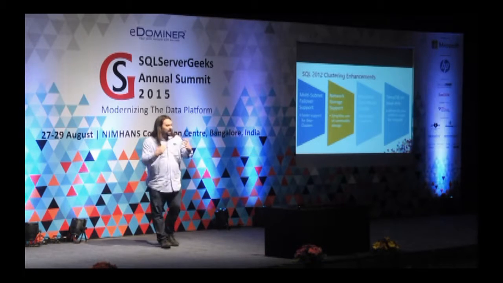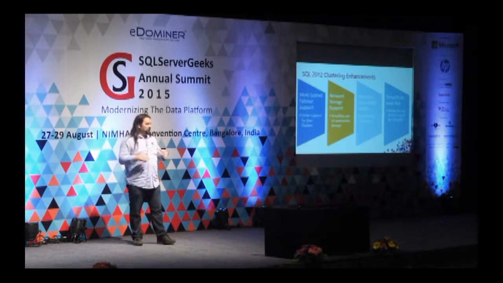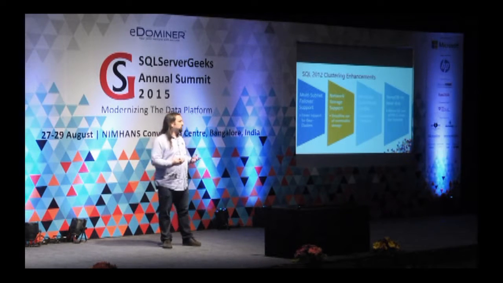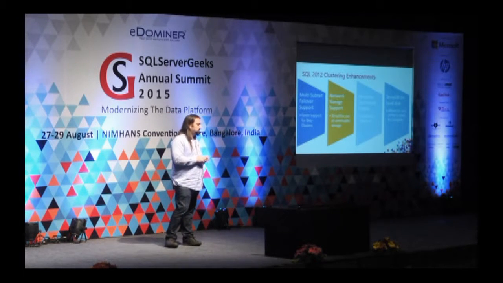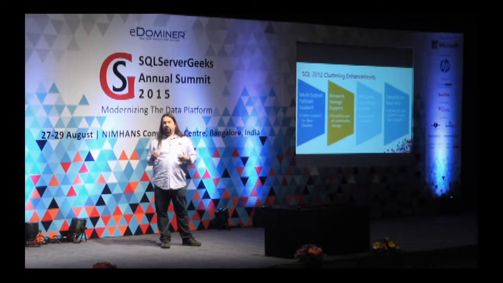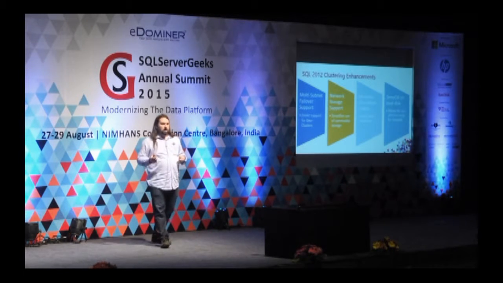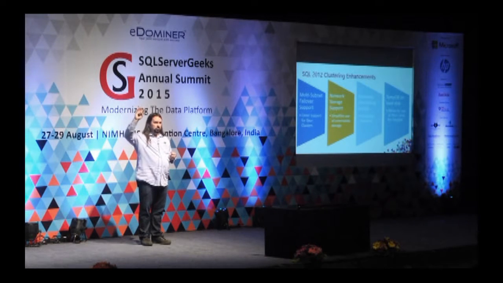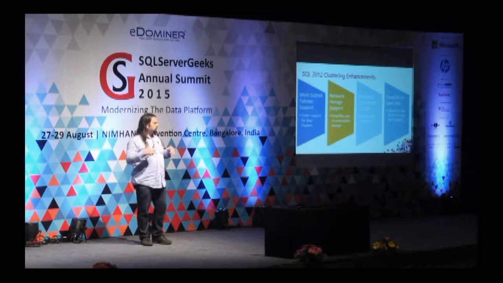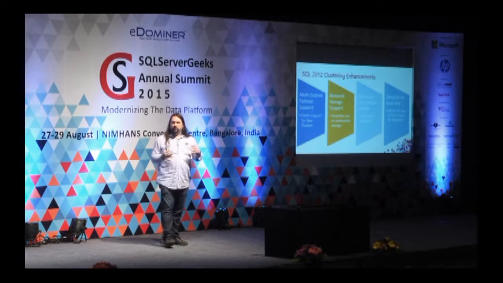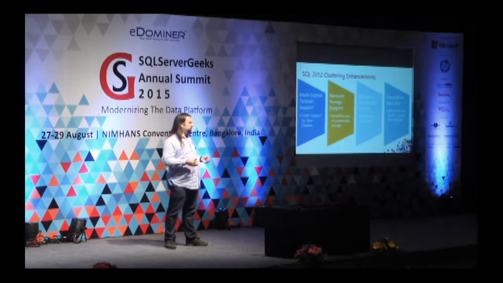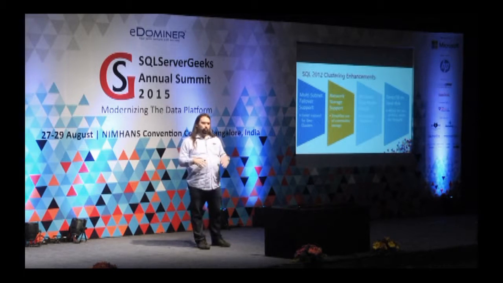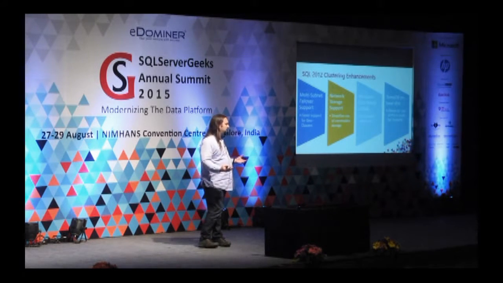So, in SQL Server 2012, we added some new enhancements for failover clustering. We got a lot of really cool features for clustering in 2012. The first one is multi-subnet failover support. Has anybody here ever been a network engineer? A couple of people maybe? One of the really annoying things about doing multi-site failover clustering in SQL Server 2008 and below was that you had to build what's called a stretch subnet or stretch VLAN.